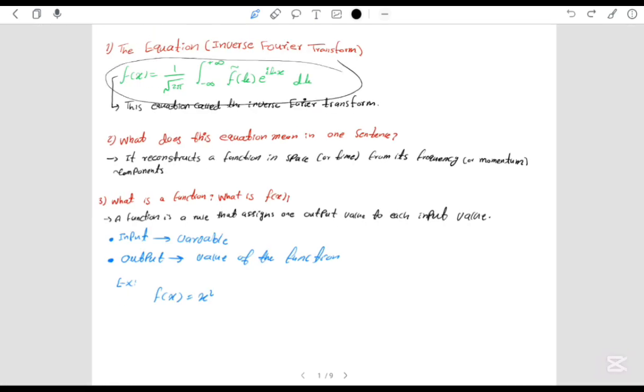Now you have full background on this formula: f of x equals 1 over the square root of 2 pi, times the integral from negative infinity to positive infinity of f tilde of k times e to the ikx dk. I have described each part clearly, explained why each is in this equation, what its use is, and why we put them in this order.